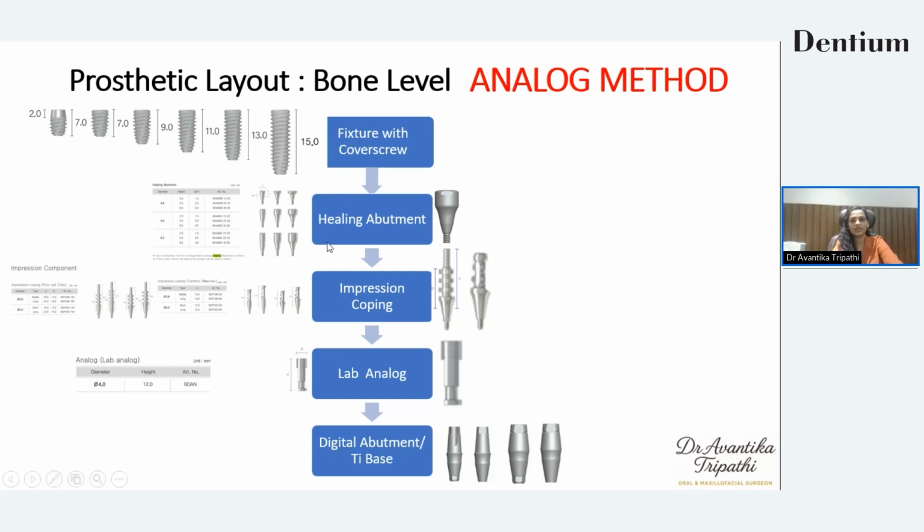Then if I'm going to go with the analog method, then I'm going to place the healing abutments. Then I'm going to make the impression with the impression copings. I'm going to use the lab analogs and then I am going to prepare the abutment, prepare the crown with the help of a digital abutment or a TI base.